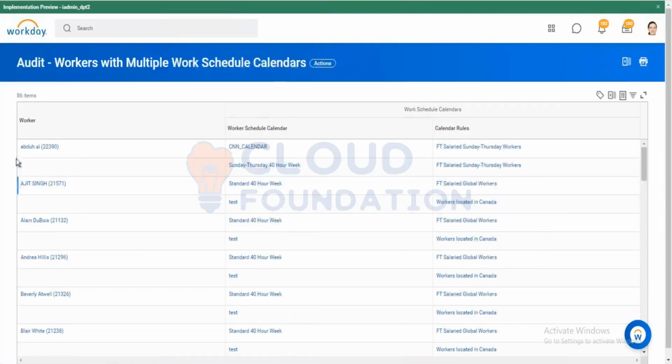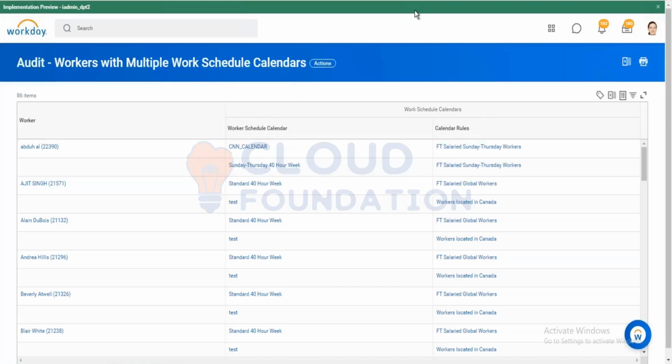Audit worker, they will also not be able, because two calendars have been assigned. If these three reports are empty for the population you are looking at, then you are good. This report should be empty. Mark it: Audit multi.